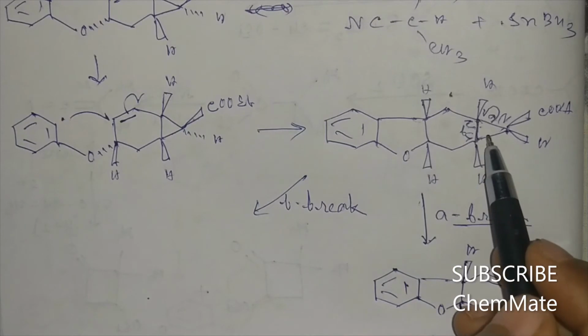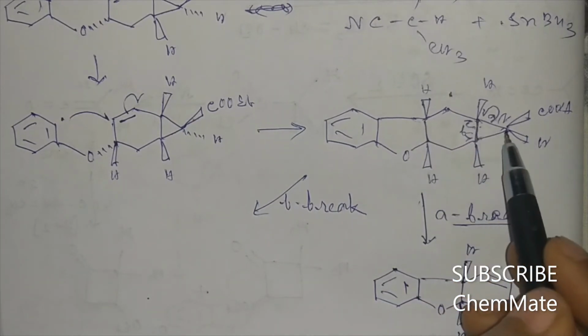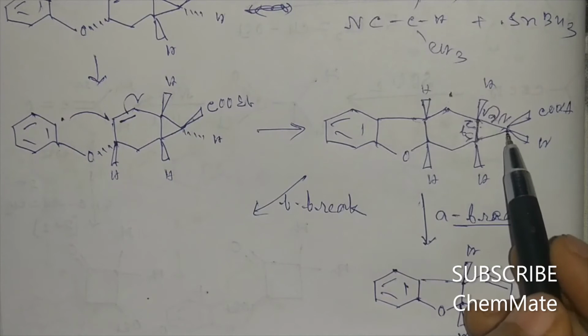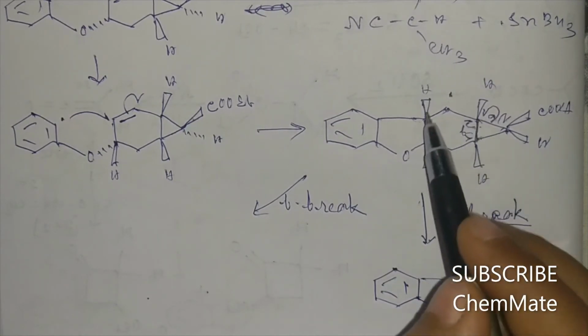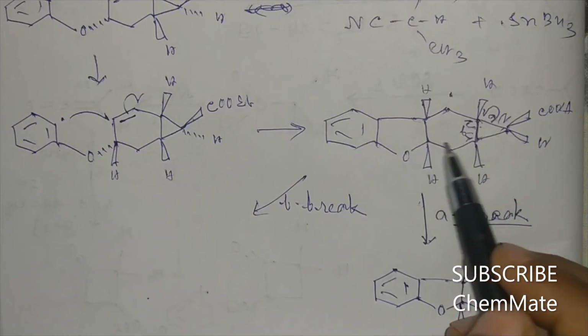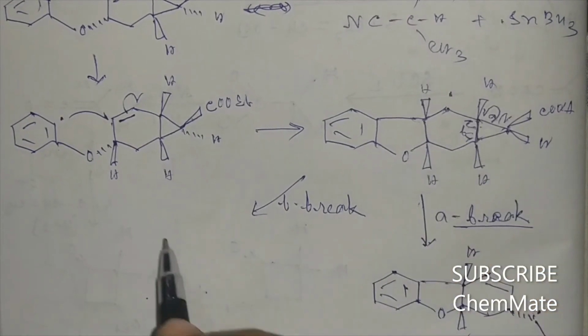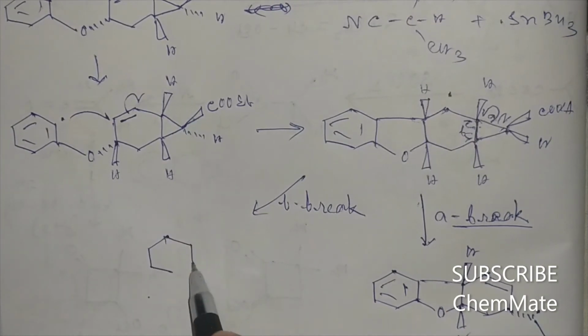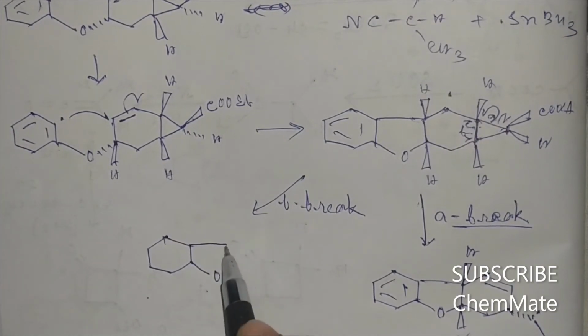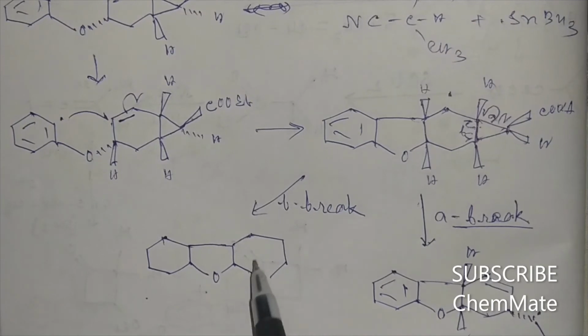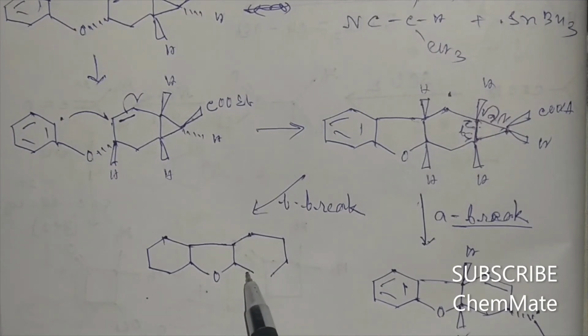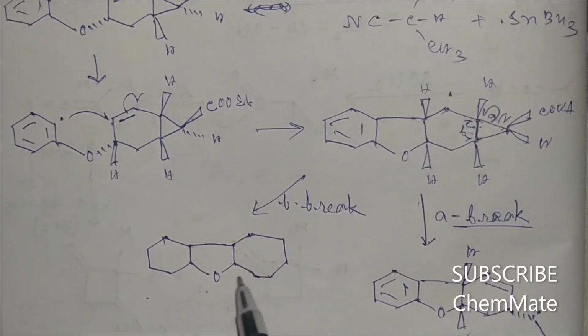So if the B bond breaks, then one thing you have to see here is that one carbon will be incorporated into this ring. So the six-member ring will now be converted into a seven-member ring. So the product will be a seven-member ring. One, two, three, four, five, six, seven. So a seven-member ring will be formed.